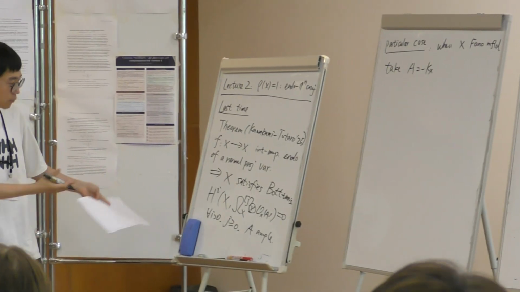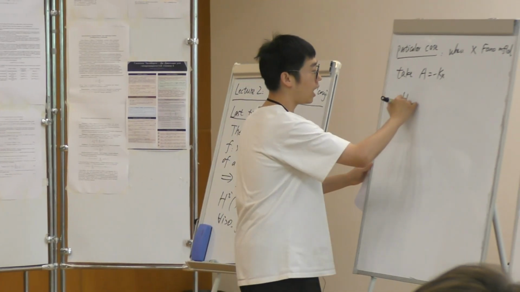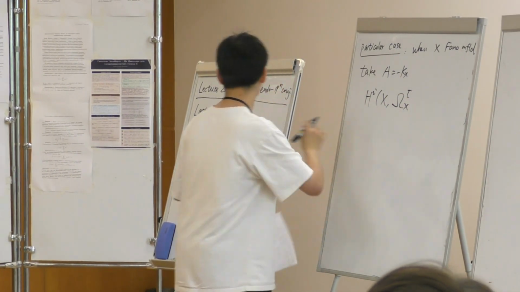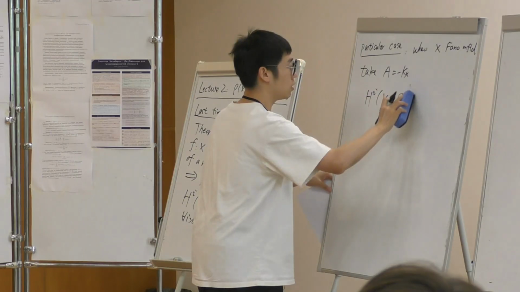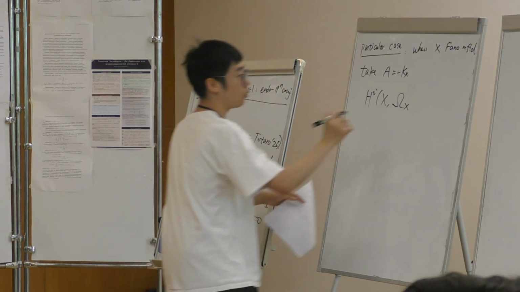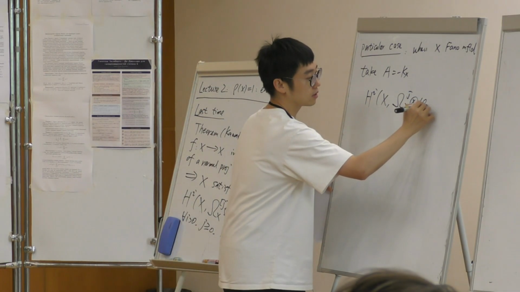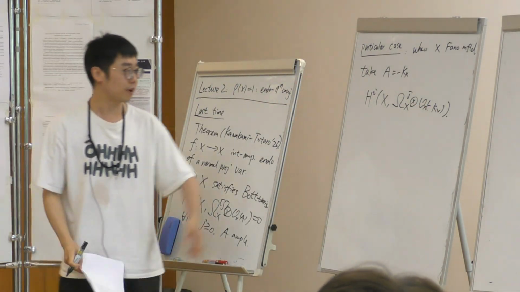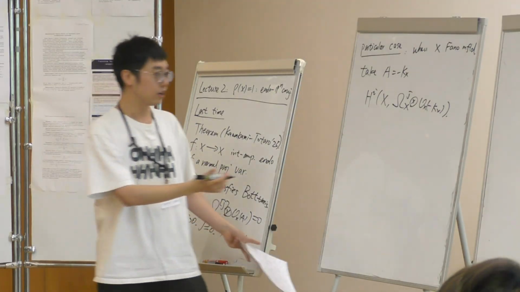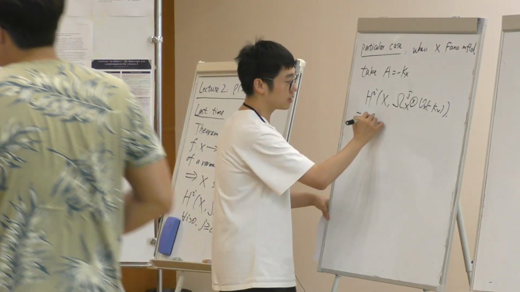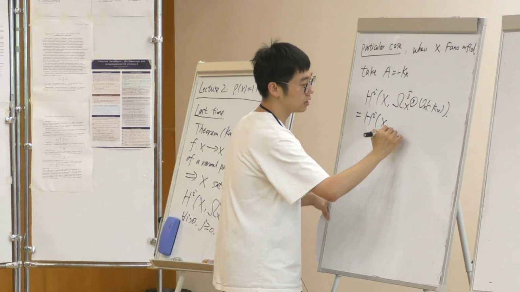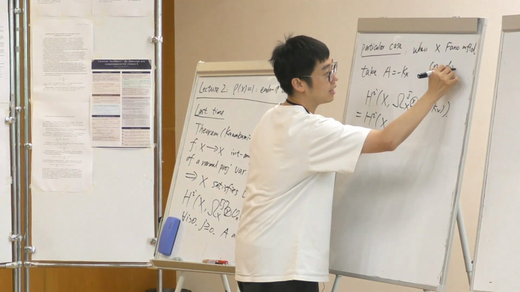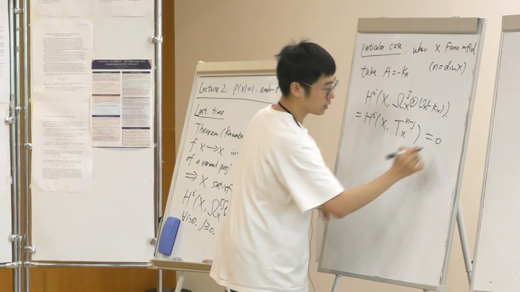Then what can we get? We get H^j of X with Ω_X^i, and now there is no bracket, it's just the usual exterior power. By using this perfect pairing, we obtain H^(n-j) with n equal to the dimension of X, equal to 0.